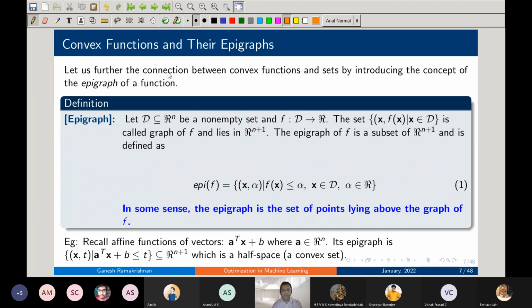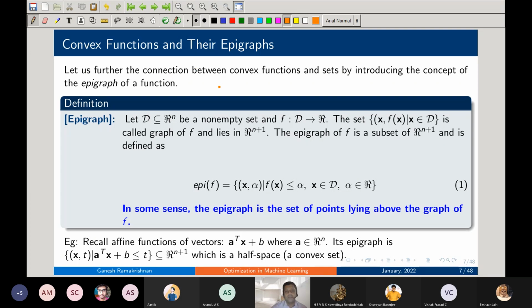We'll move on to the next topic, unless you have some questions, comments. Okay, so convex functions are, I would say, a special case of quasi-convex functions. And the notion of quasi-convexity is through the notion of the sublevel sets, which lie in an Rn space.